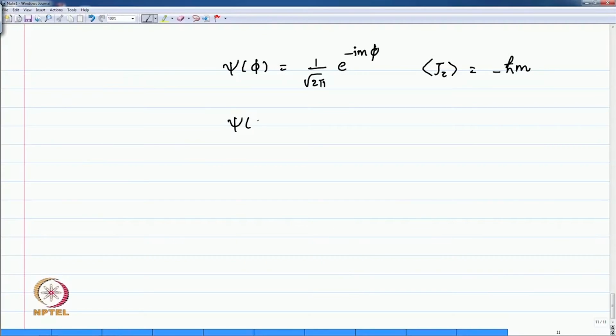either perpendicular to the plane up or perpendicular to the plane down. But what is interesting is, what if we use the general wave function, namely a e to the I m phi plus b e to the minus I m phi, because we do not know whether the particular motion is clockwise or anti-clockwise. Then we also do not know what the value is.